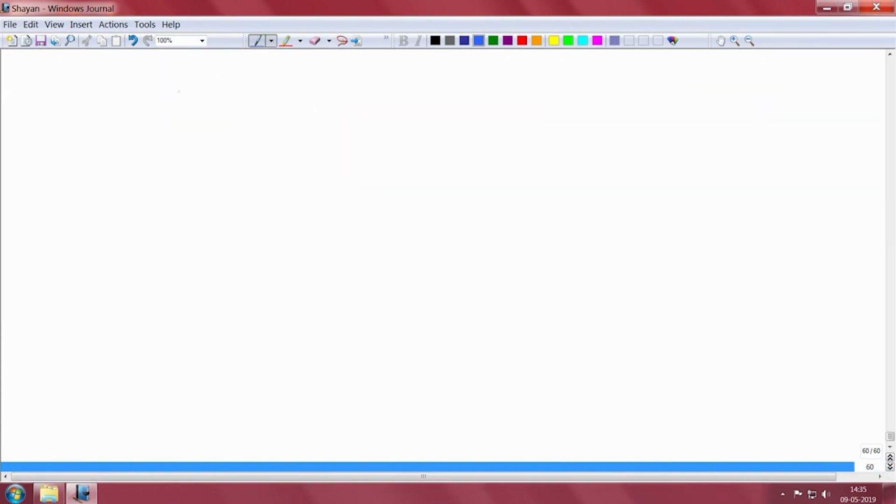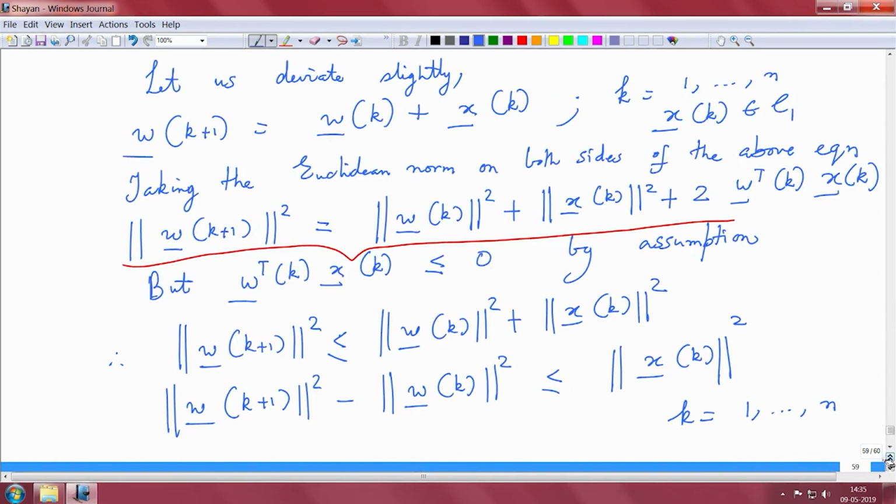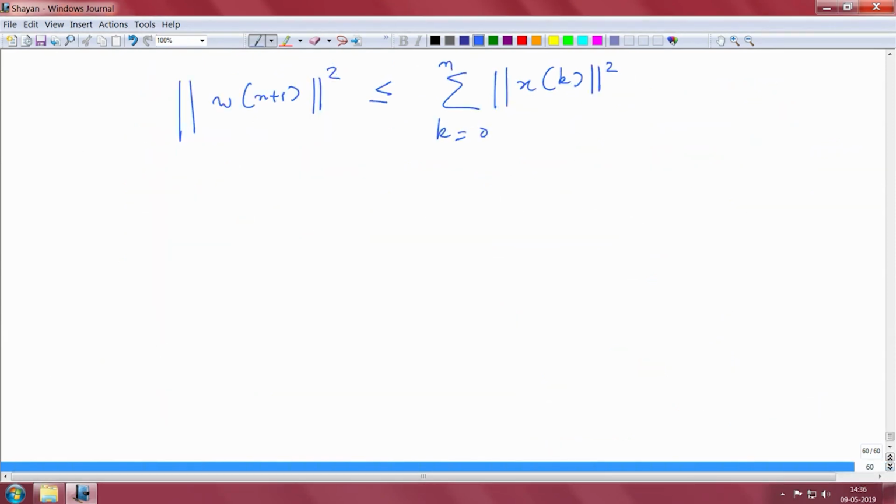You will end up with norm w n plus 1 squared less than or equal to sigma k equals 0 to n norm x k squared. Let us call the earlier one equation 6 and this equation 7.